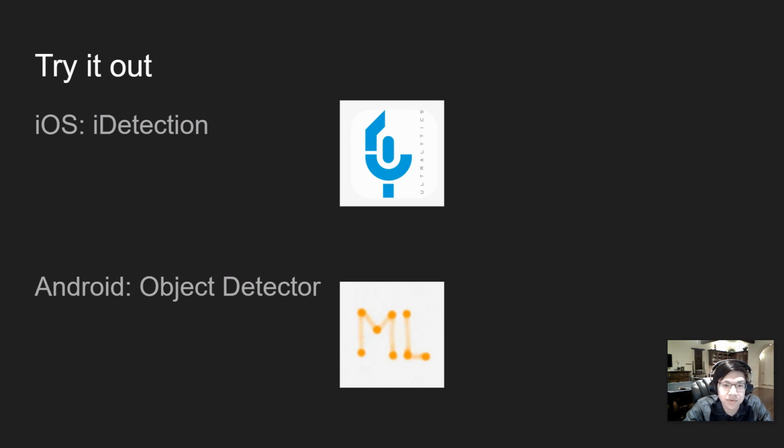Now, you can try a simple machine learning program at home using these apps. For iOS, the app is called iDetector. It allows you to do a simple object detector using the COCO dataset. And for Android, it is called Object Detector.